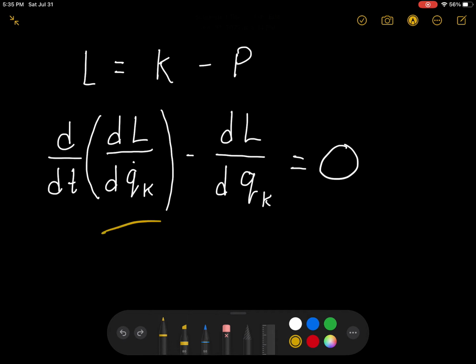Now the second term, dL over dq dot k, this just means that we are going to take the derivative of the Lagrangian, whatever this stuff up here is, with respect to whichever variable you want q dot to be. For example, q could just be the position x, and then q dot could just be the derivative of the position.